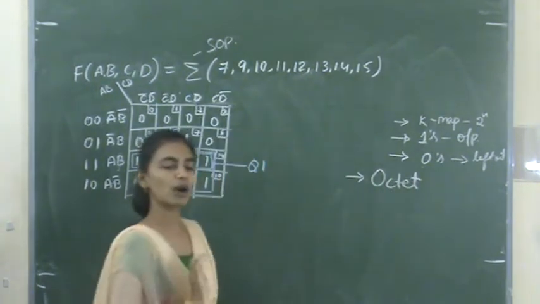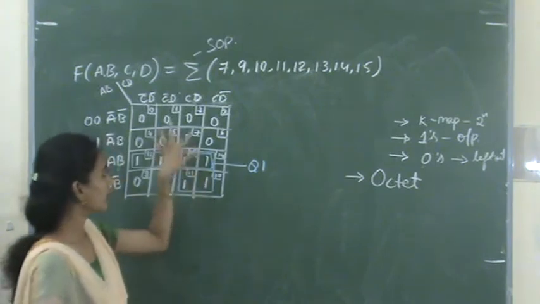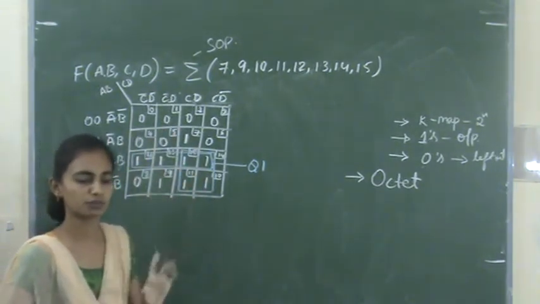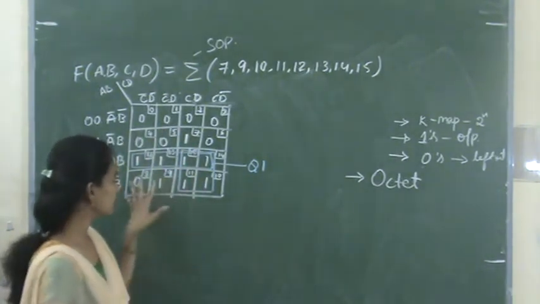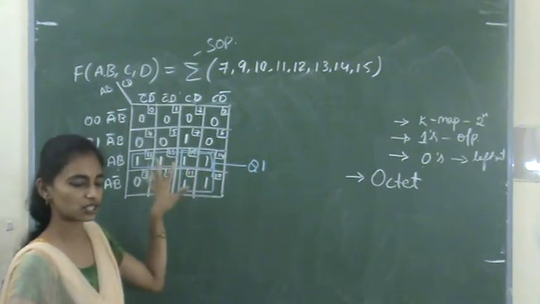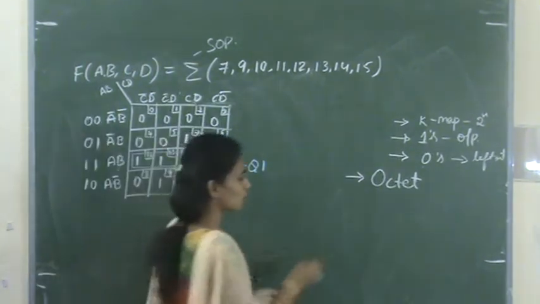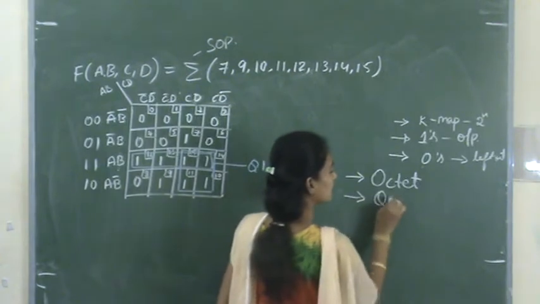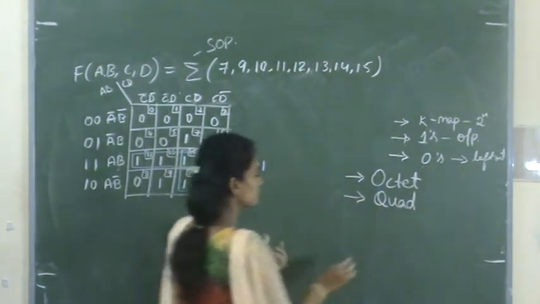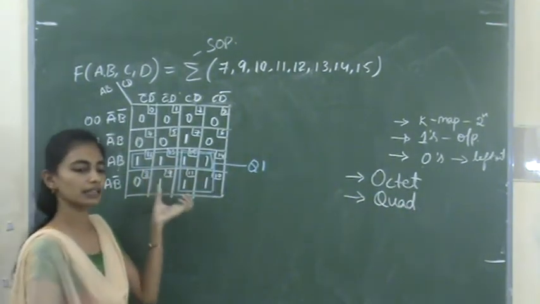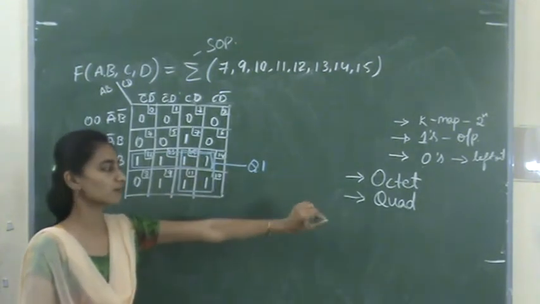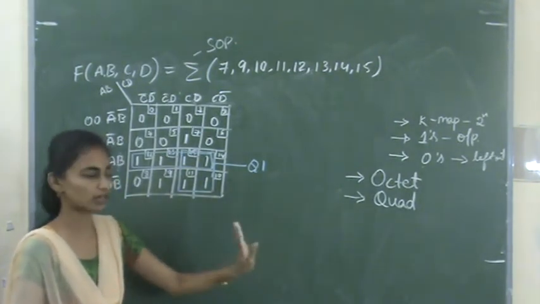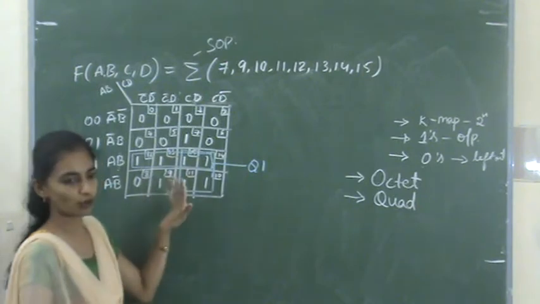Is there any possibility of encircling an octet, means 8 ones, in this expression? No. So that's why I go for a quad. So is there any possibility of encircling 4 ones? Just encircle those 4 ones.